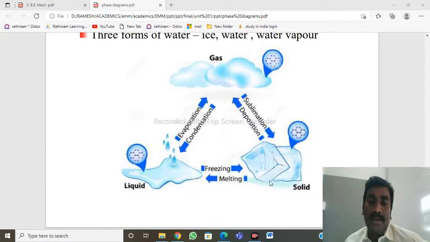That means the solid state of the ice cube is melted into the liquid state by increasing the temperature from 0 degree to 40 degree. Then continuously we are increasing the temperature from 40 to 100 degree, and the liquid state goes to the gaseous state. That means if you are increasing the temperature above 100 degree, then the steam is formed.